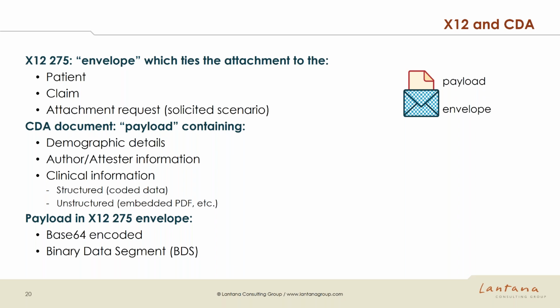The CDA document you can think of as what you put inside that envelope. That's the payload containing the detailed demographics, clinical content, and the author and attester information, who authored and who signed this document. So that way, basically, the CDA becomes the payload in the X12-275 envelope. To put that in there, you're actually going to base64 encode the CDA document and store it in the binary data segment, or BDS field, in the X12. All right, next slide.